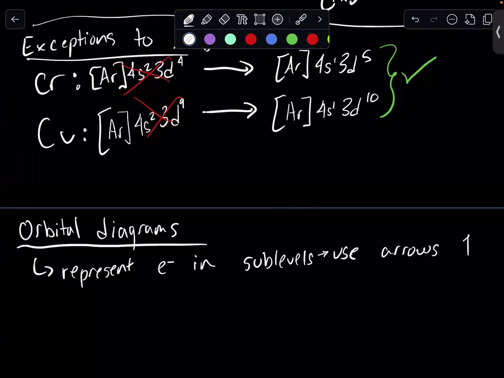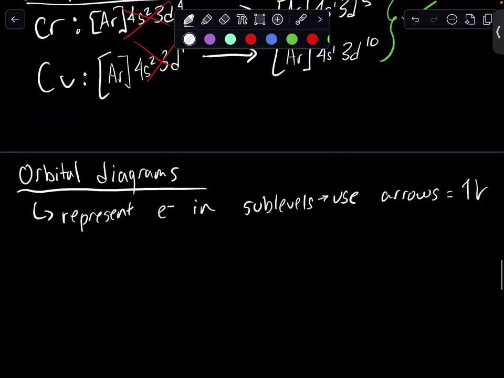We're going to use up arrow and down arrow to represent spin. So what does this look like? There's a bunch of different ways to do it. Generally, the two ways are just putting orbitals next to each other in boxes.